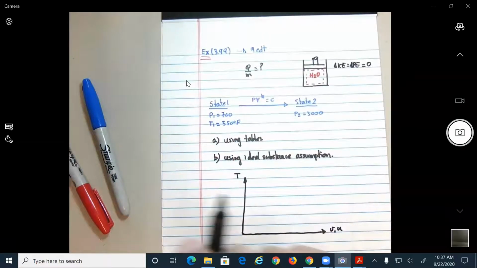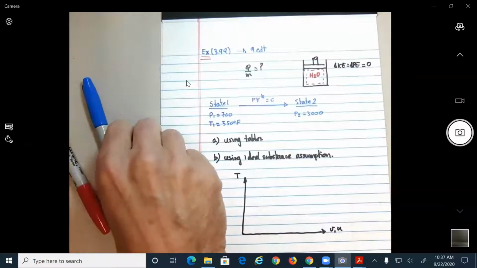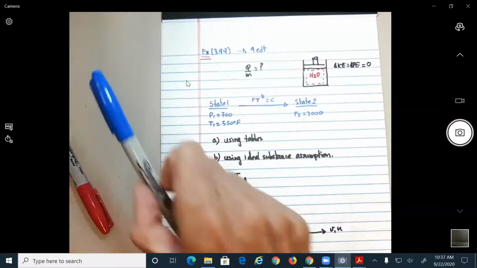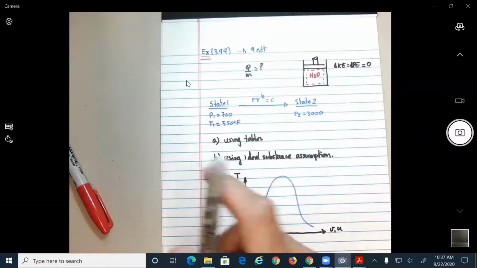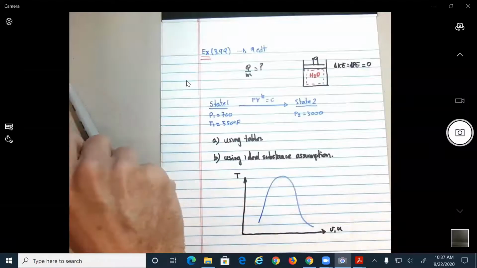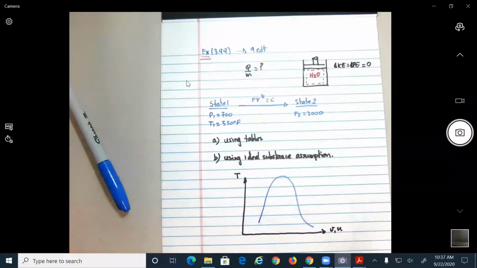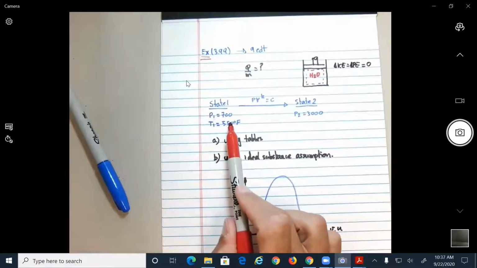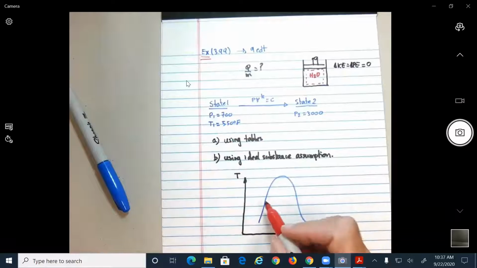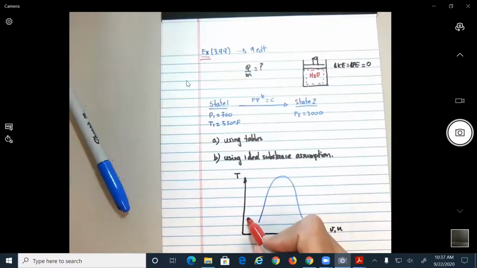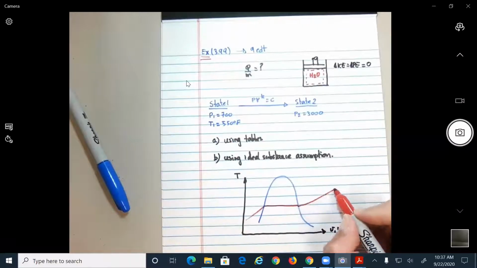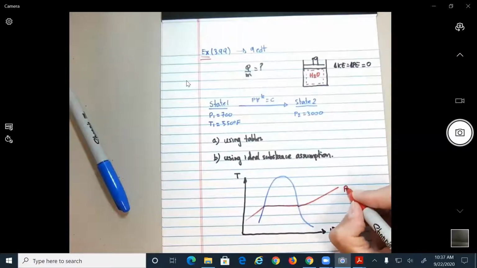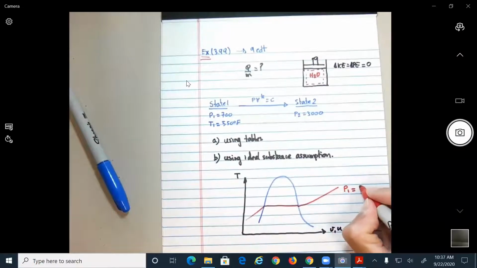So it's always the same curve, something like this. But this time, if this is TV, we're going to go through lines of constant pressure. So the first one is 700. That would be this one here. This is the line of constant pressure.